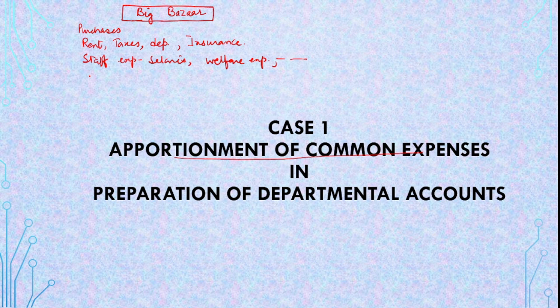Whenever you buy goods in lots, their freight is to be paid. You have godown charges.